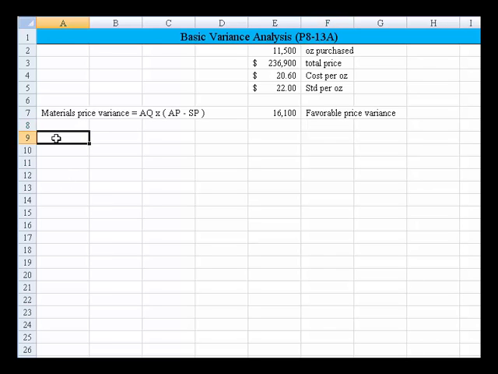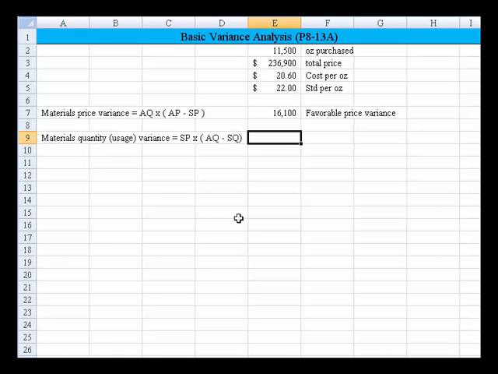Okay, now let's put together the material usage variance or material quantities variance. Our text calls it quantity. In my experience, it's also called usage. And that then is equal to the standard price times the actual quantity minus the standard quantity.